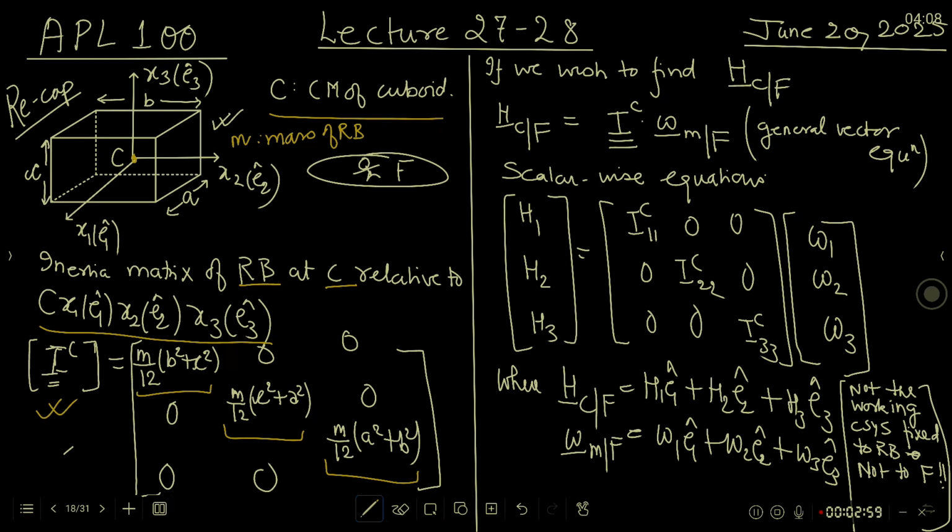A is the length of those 4 edges which are parallel to E1. B is the length of the 4 edges which are parallel to E2, and C is the length of those 4 edges of the cuboid which are parallel to E3. These are the diagonal elements we get from full integration.